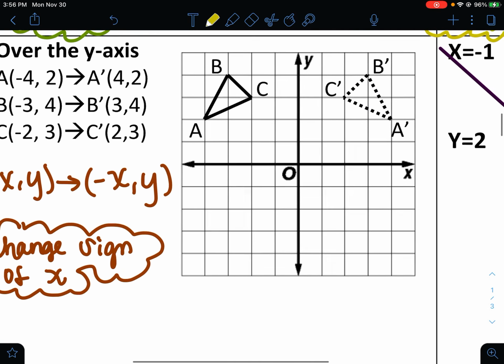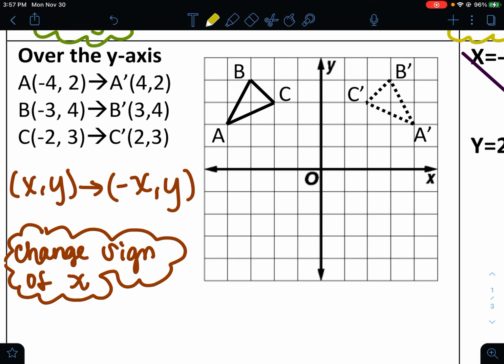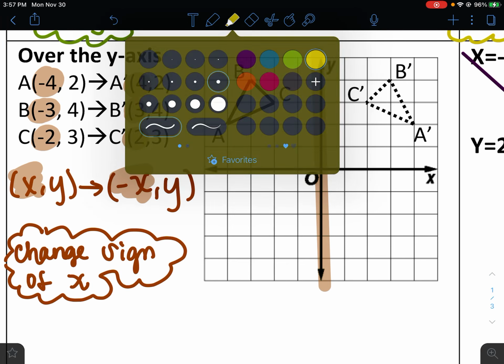All right, next we have over the y-axis. So let's identify the y-axis right here. Okay, and let's take a look at the numbers. We have 4, -4 becomes 4, -3 becomes 3, -2 becomes 2. Stays in the same spot, so that's fine, but it changed signs.